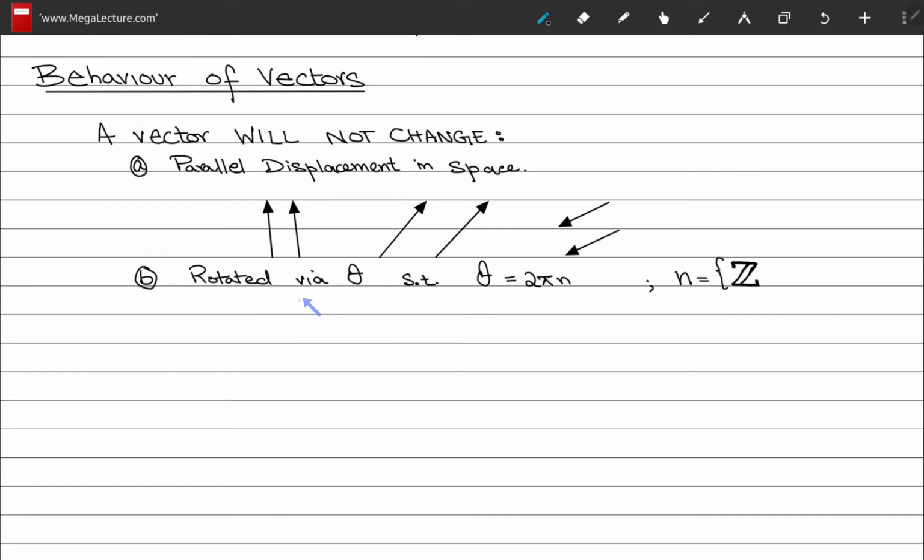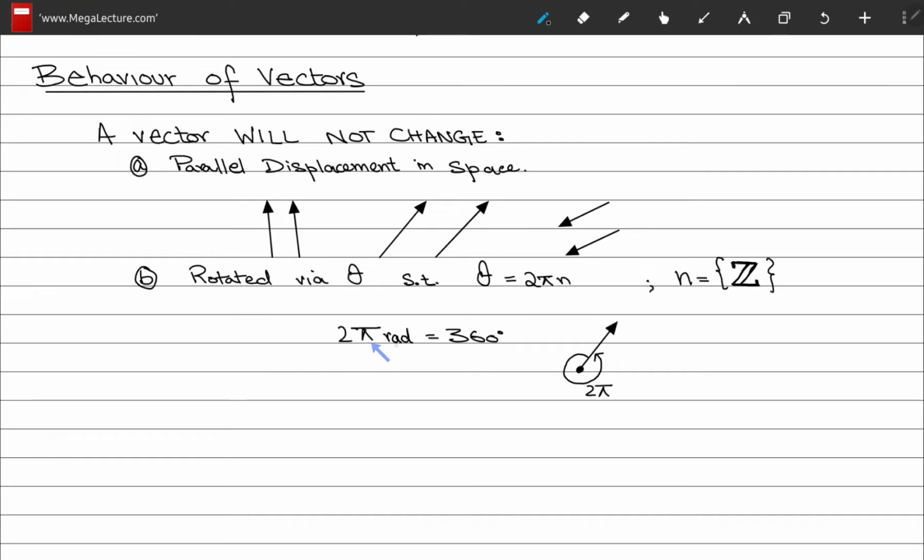Secondly, if your vector is rotated through an angle theta such that theta is equal to 2nπ, and the condition is that the tail of the vector should be fixed, then n belongs to the set of integers, so n can take values 1, 2, 3, 4, 5, 6, and so on.